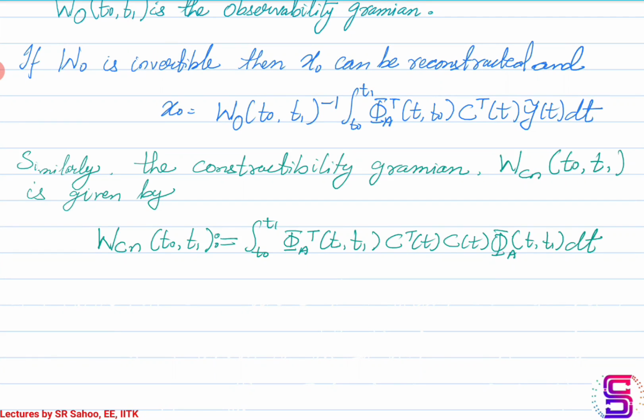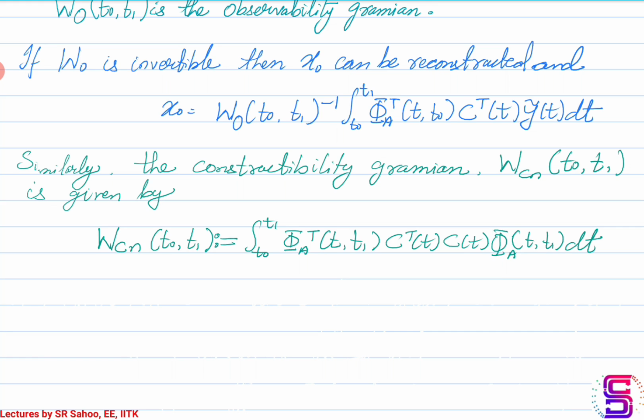Similarly, if we have the constructibility gramian denoted by W_CN over the interval t0, t1, then W_CN is actually given by the integration over the interval t0, t1 of phi transpose C transpose C phi. Now notice the difference between these.